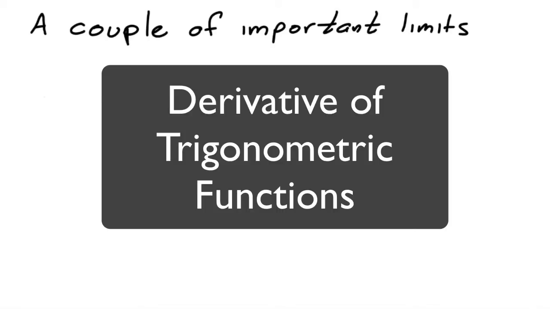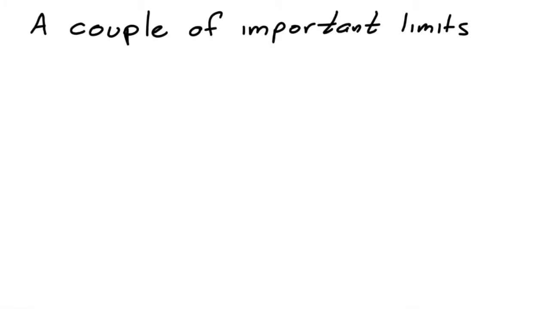Okay, so to find some of the derivatives of trigonometric functions, we're going to use a couple of important limits. Now we're not going to actually derive these. I'll derive those separately.